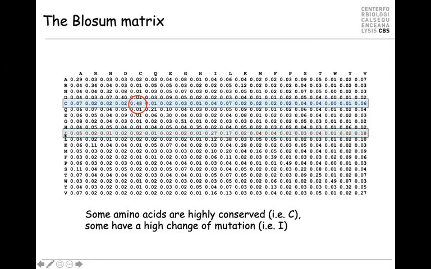But isoleucine, for instance, looks very much, as I said before, like leucine and like valine. So you have a very high chance, if you can observe an isoleucine, you can also observe an L or a V. So these are interchangeable, and you maintain the binding properties or the protein structure to a very high degree by exchanging those three amino acid types.